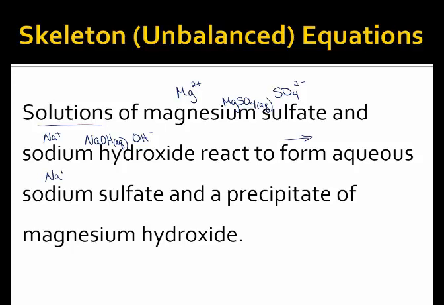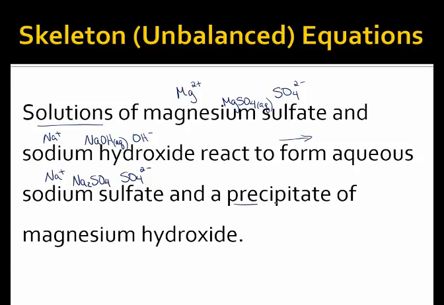So again, starting with sodium, which is a +1, combining it with sulfate, which is a 2-. Now, if I have 1+ and a 2-, that is not going to give me a balanced ionic compound. So I'm going to need to add another sodium there in order to get 2+ and 2-. So my formula for this is going to be Na2SO4.